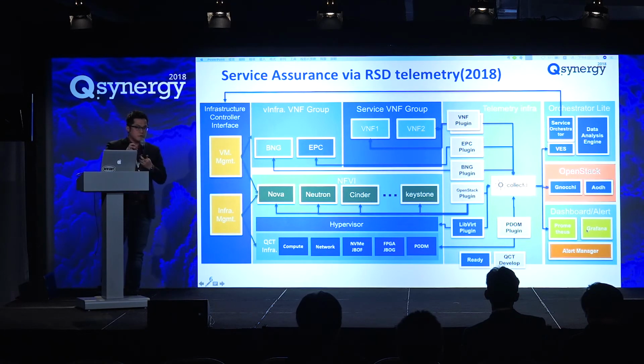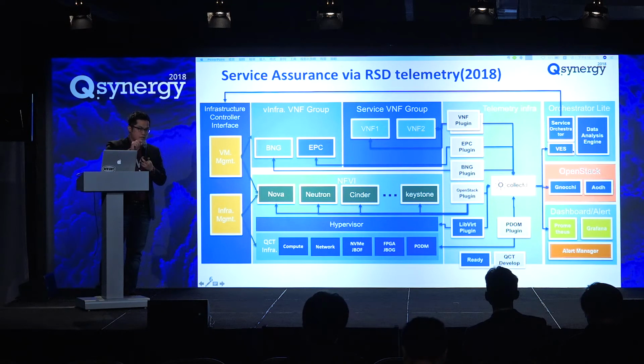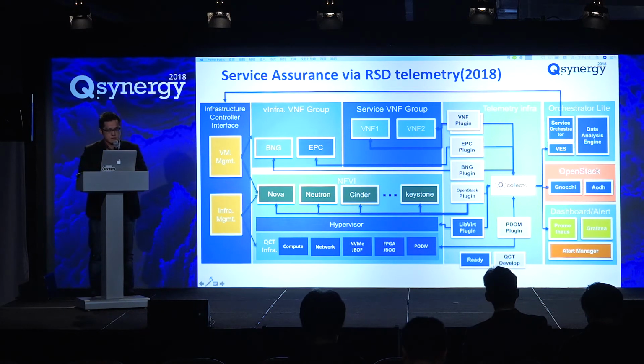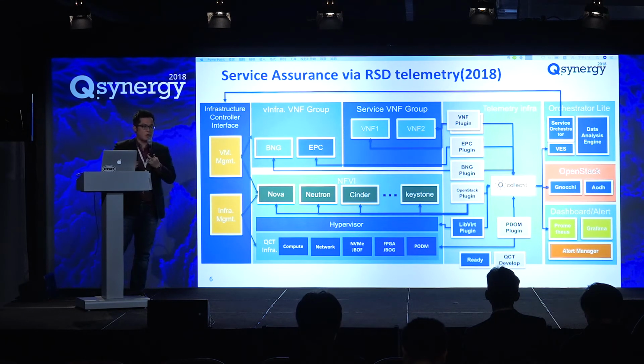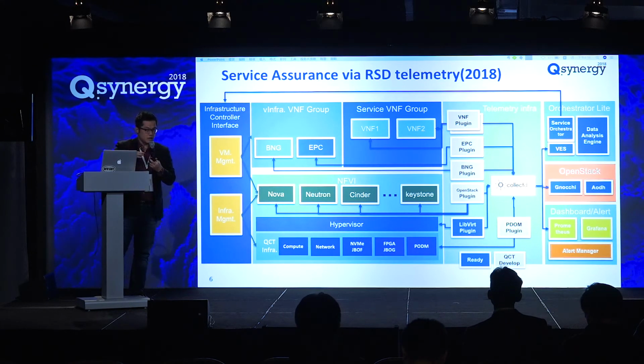When a threshold is reached, the dashboard will give us alert information, and the alert information is sent to the orchestration layer. The orchestration layer will inform the infrastructure controller to maybe create another VM or create other infrastructure resources to comply with the dynamic workloads that happen.